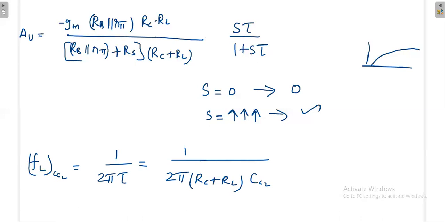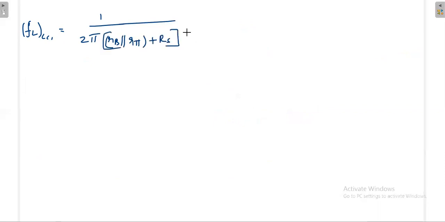Now we'll compare the cutoff frequencies of all the capacitors. First, we analyzed the cutoff frequency for the input coupling capacitor in the last lecture. That is 1 by 2 pi (RB parallel R pi plus RS) into CC1. Now what is the cutoff frequency due to the emitter bypass capacitor?